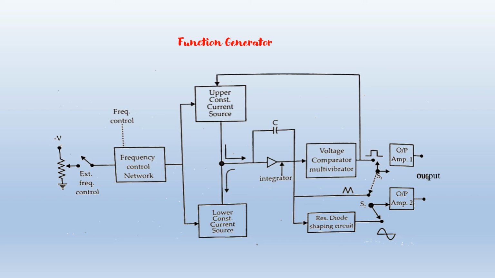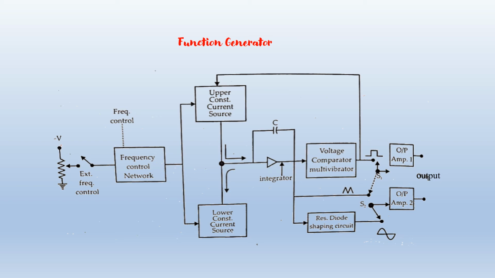The voltage comparator multivibrator changes state at a predetermined level on the positive slope of the integrator's output voltage. This change of state cuts off the upper current supply to the integrator and switches on the lower current supply.